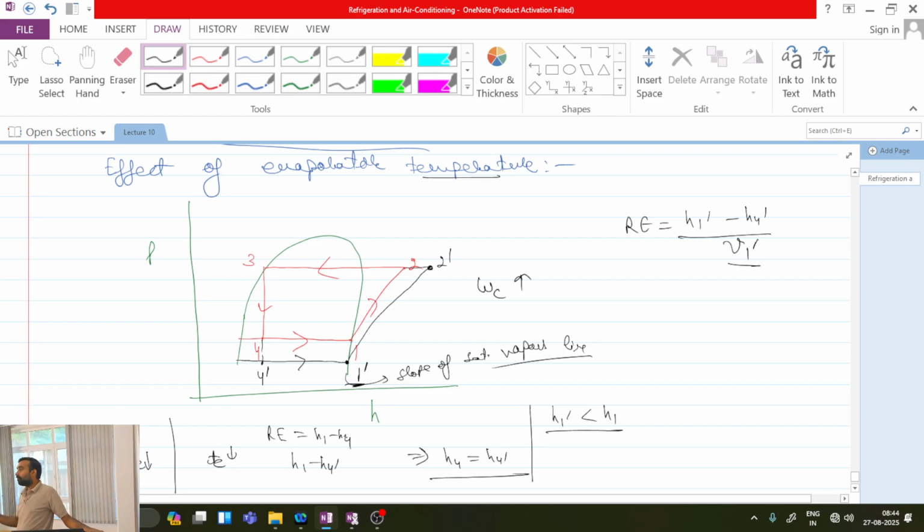So your nu 1 was large and nu 1 dash is smaller. If this is smaller, it will try to increase the volumetric refrigeration effect. But overall it will depend upon the combined effect of enthalpy and specific volume, which one is actually dominating. Is this point clear?